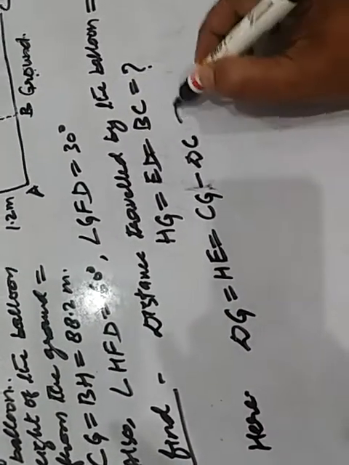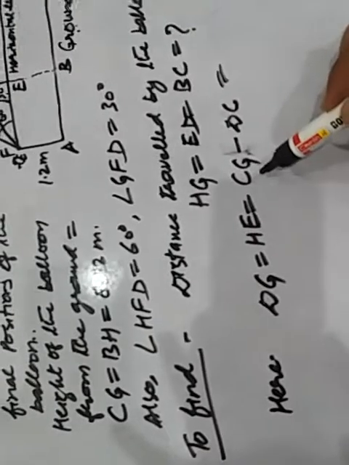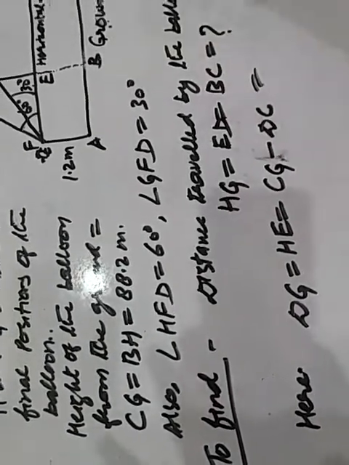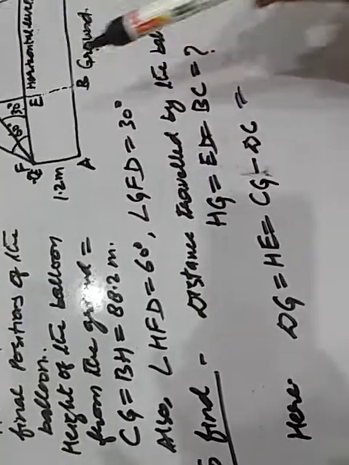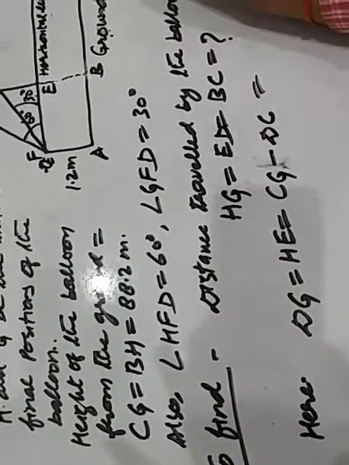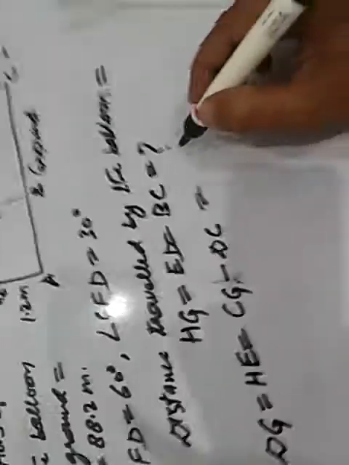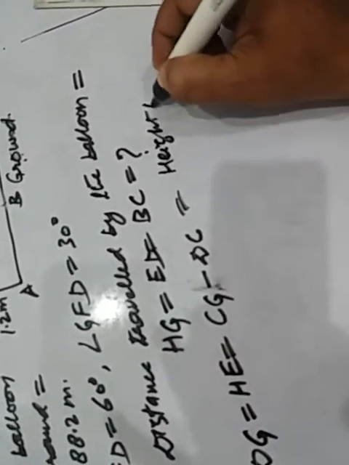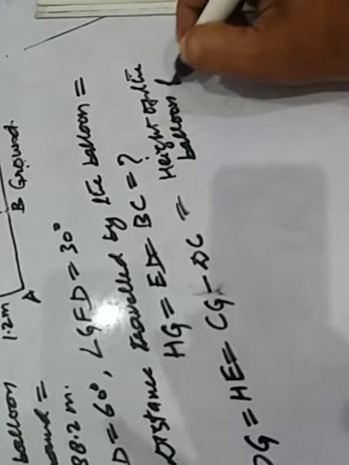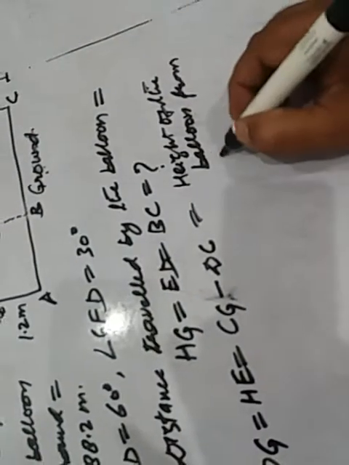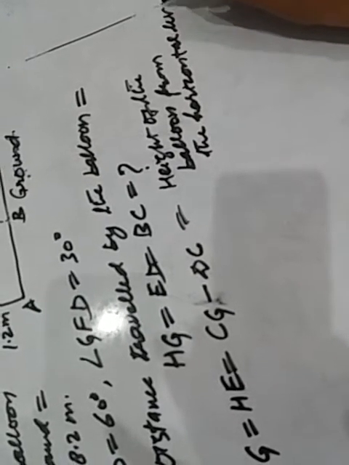DG equal to HE, and HE equal to CG minus DC. Means this is ground, but the height of the balloon has to be taken from the horizontal level. That is the height of the balloon from the horizontal level.